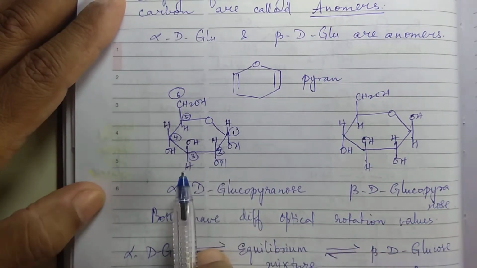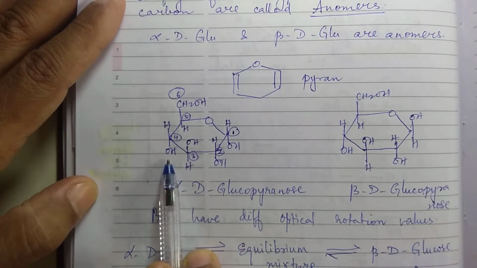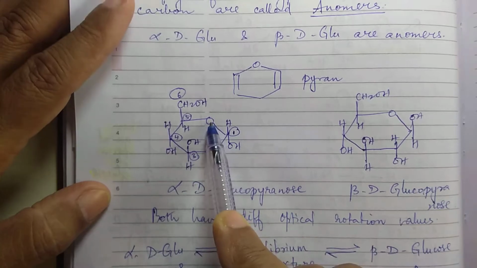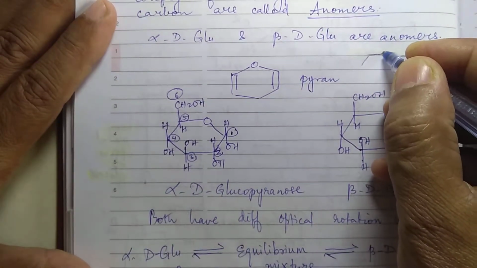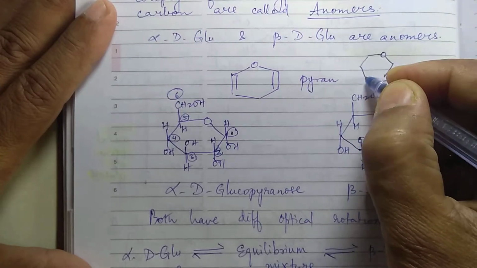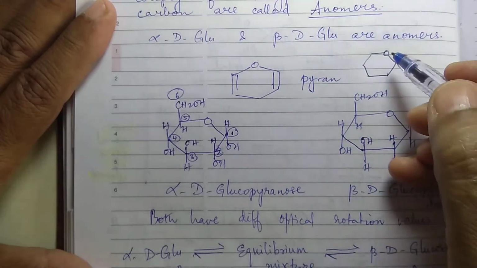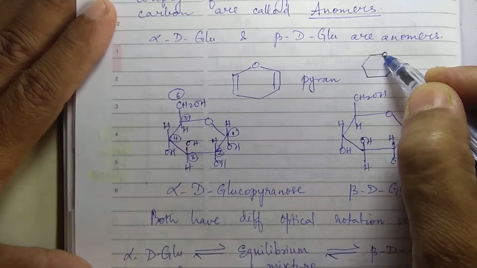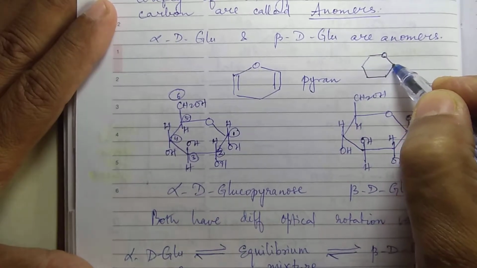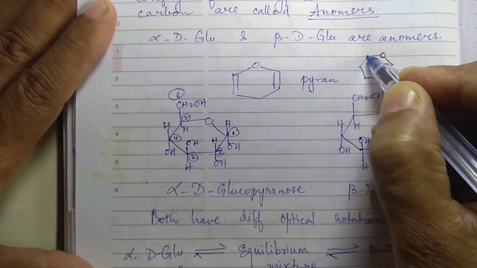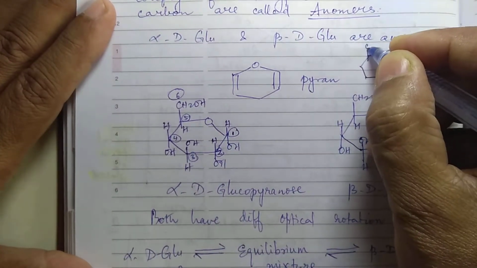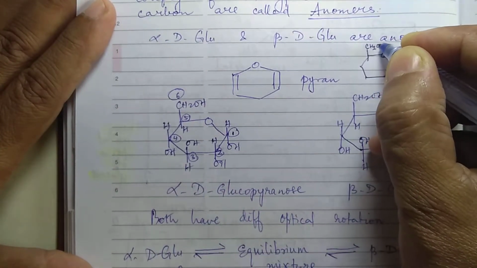Now, when you put the structure of glucose in that hexagonal form, that is also attached through oxygen, is it not? You are having it like this. Now this is the oxygen. Then this is your C1, C2, C3, C4, C5 and C6, the last one.